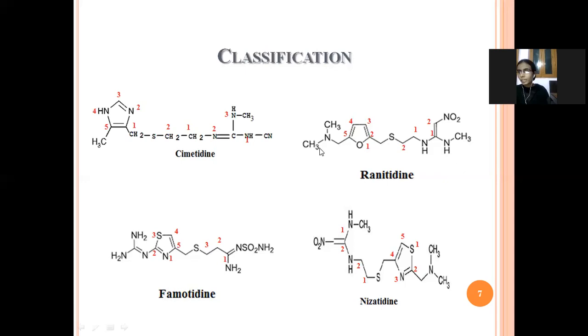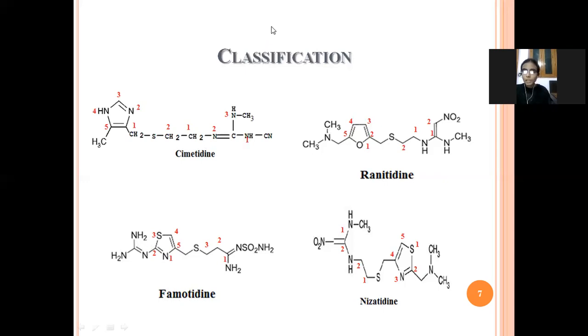Next, famotidine structure, and this is the structure of the thiazole. Thia means sulfur, azole means nitrogen, so thiazole. In the second position there are 2 amide groups and 1 nitrogen, so a dimethyl, sorry, dinitromethylamino is there.